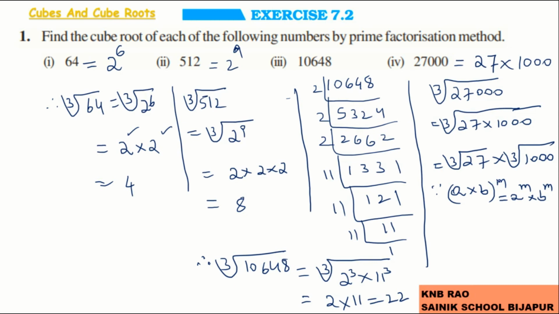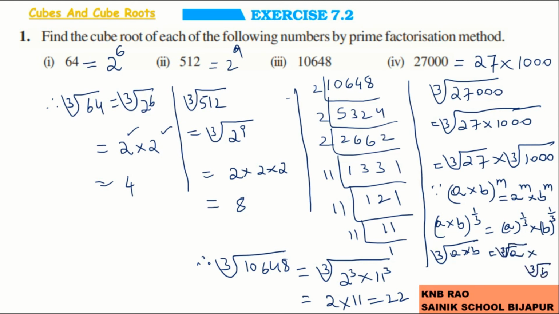So when m is 1 by 3, that means a into b whole power 1/3 can be split as a power 1/3 into b power 1/3. So this 1/3 is nothing but cube root. So that's how we got the cube root of a into b is the cube root of a into the cube root of b. So using this law, we can split this. Now it is easy.